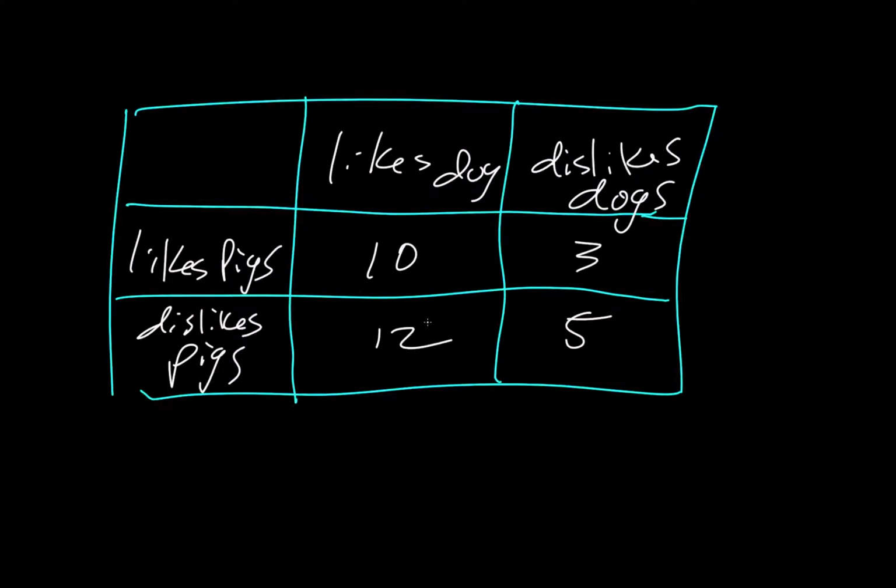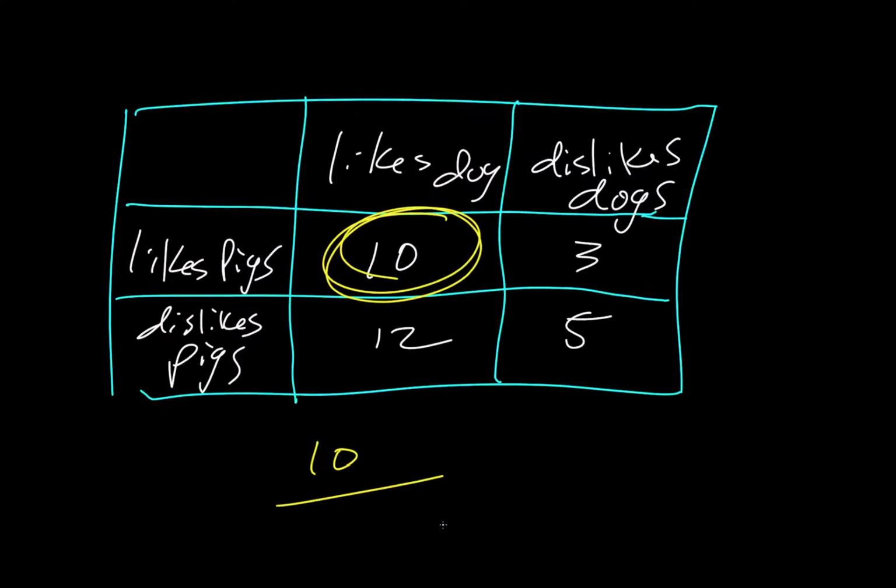Okay, so given the following table, find the probability that a randomly chosen student will like dogs and also like pigs. So the place that represents someone who likes both is that 10.